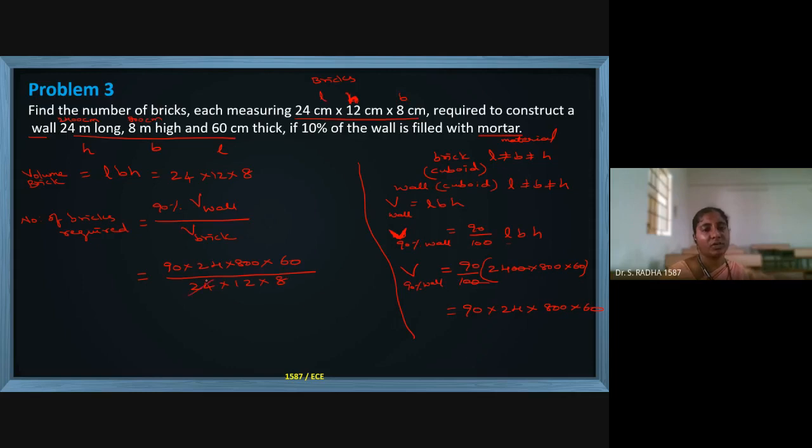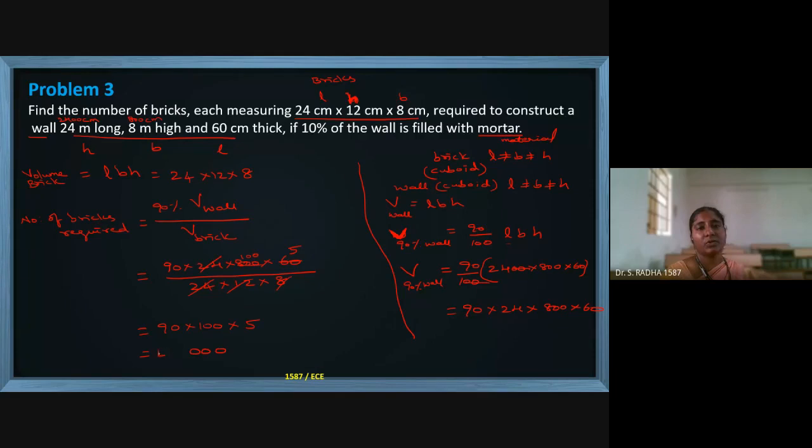Simplify this, 24 gets cancelled. 8 ones are 800s are, okay, and 12 ones are 12 fives are. We are left out with 90 into 100 into 5. So 9 into 5 is 45, and 3 zeros are there.